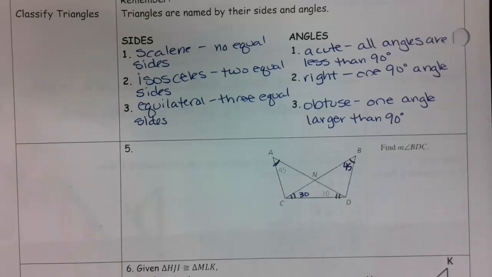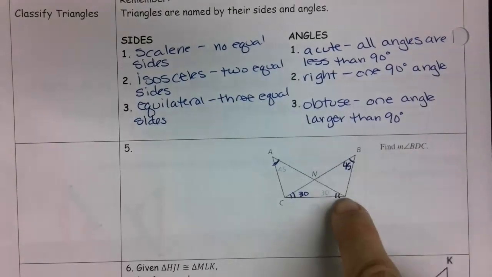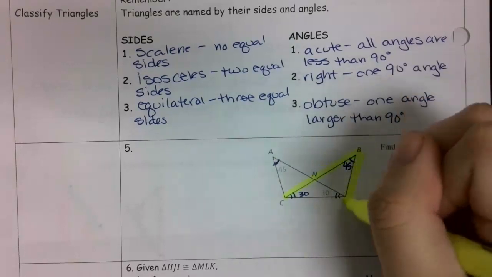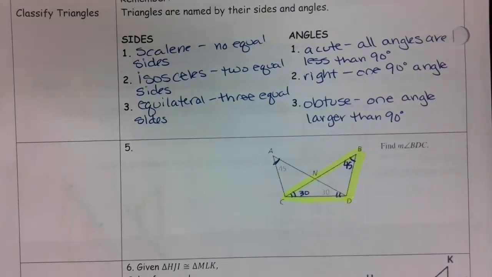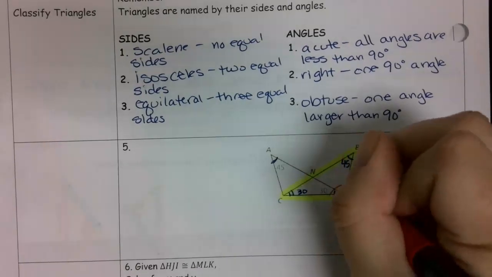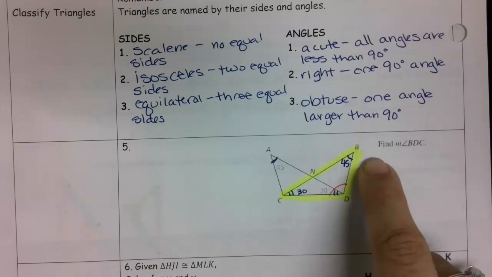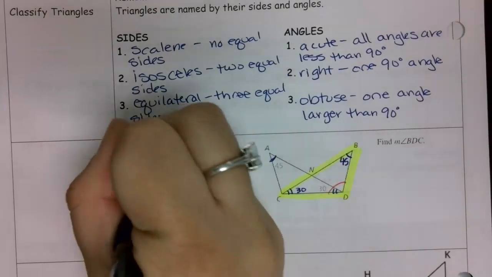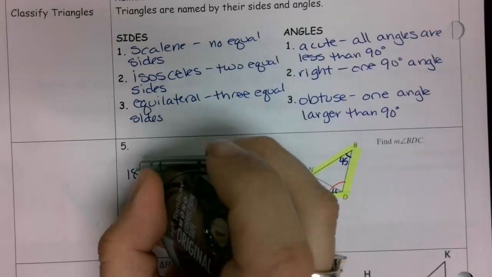Okay. So this wants me to find the measure of angle BDC, which is this entire angle in the corner. So I'm going to highlight the triangle I'm looking at just so I can see it a little bit clearer. I want to know this entire angle right there. I know this corner is 30 and I know this corner is 45. So I can use the fact that an entire triangle adds up to 180 degrees. Oops, I wanted minus.